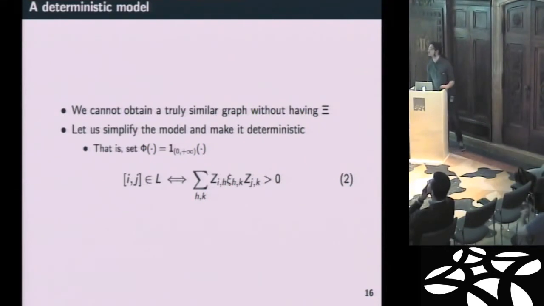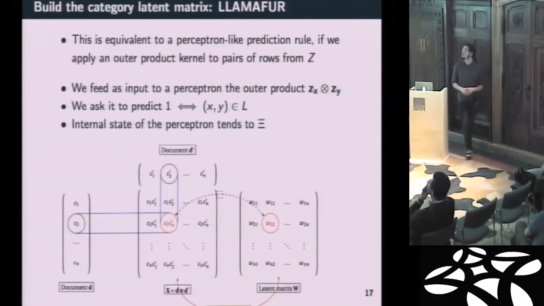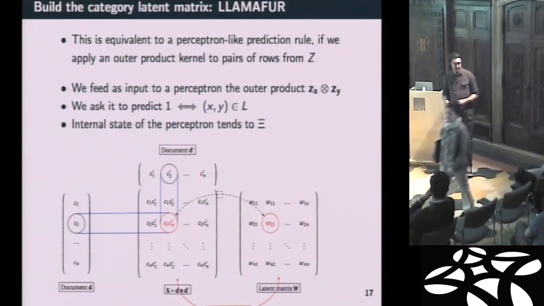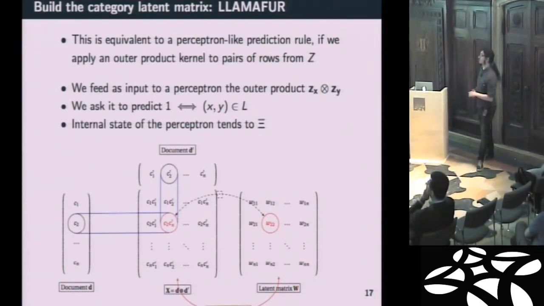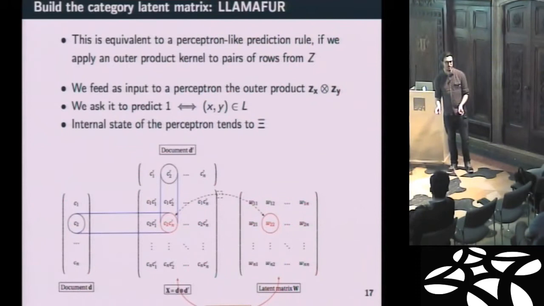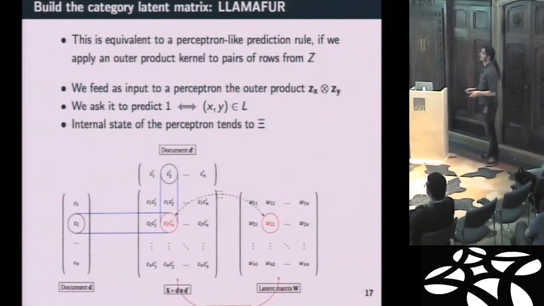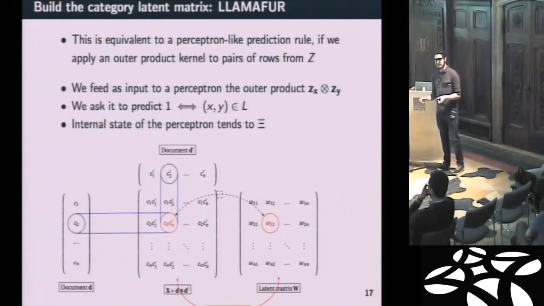Okay, why is this useful? Well, because this is equivalent to the prediction rule of a perceptron if we apply a kernel that is the outer product kernel. And what does it mean? That if we represent the two nodes as binary vectors, and we feed this couple of nodes to a perceptron, so a very simple neural network, then we make it learn if these two nodes are linked or not.